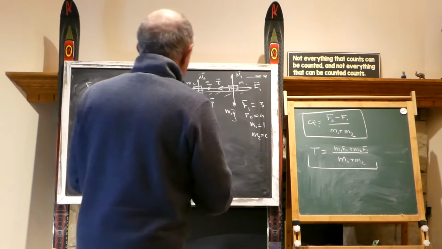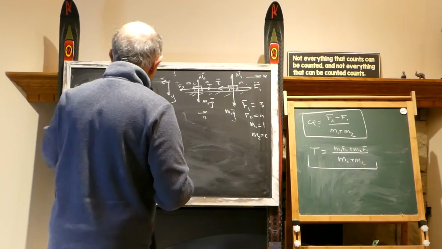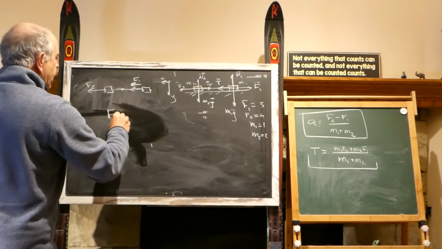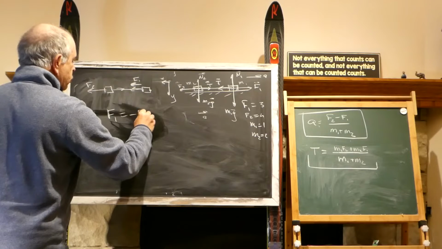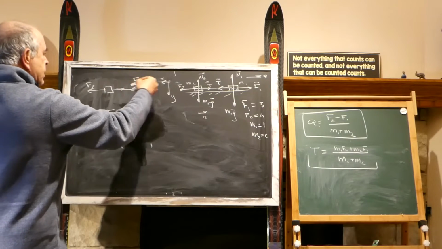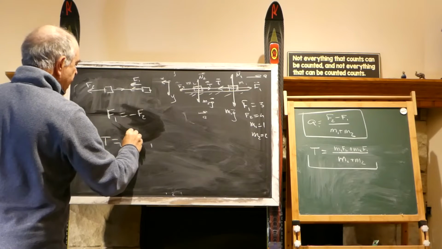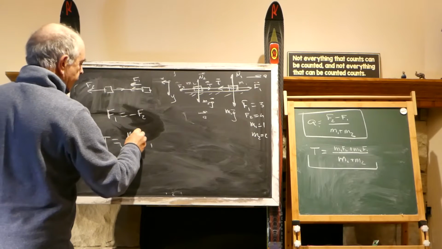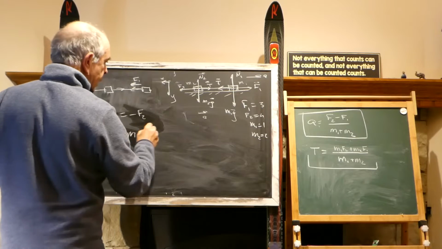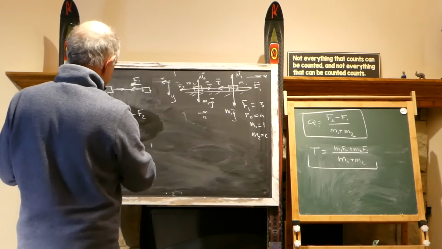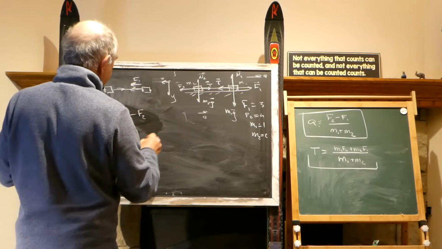What, for example, would happen if F1 equals minus F2? So it's the same force that pushes it here. Then our tangent would be M1, and instead of F1 we put minus F2.